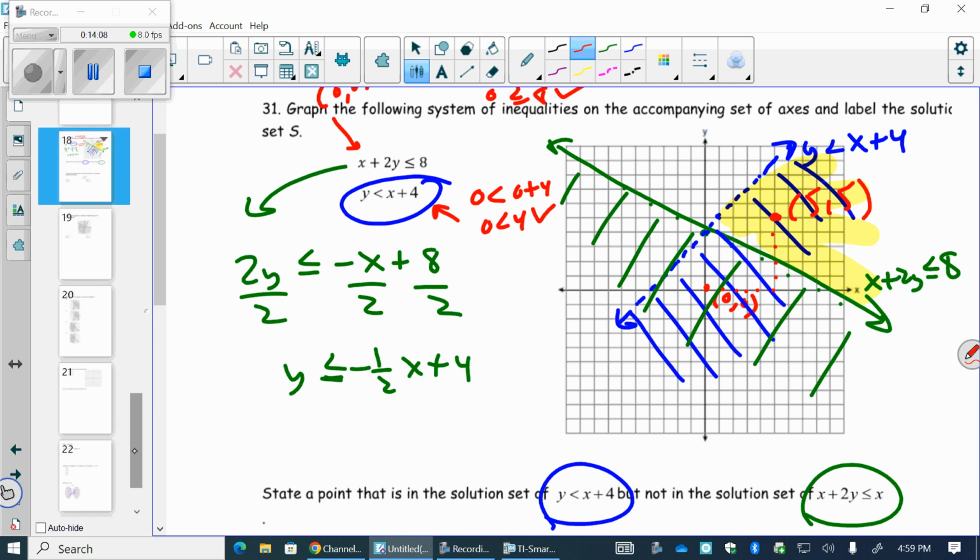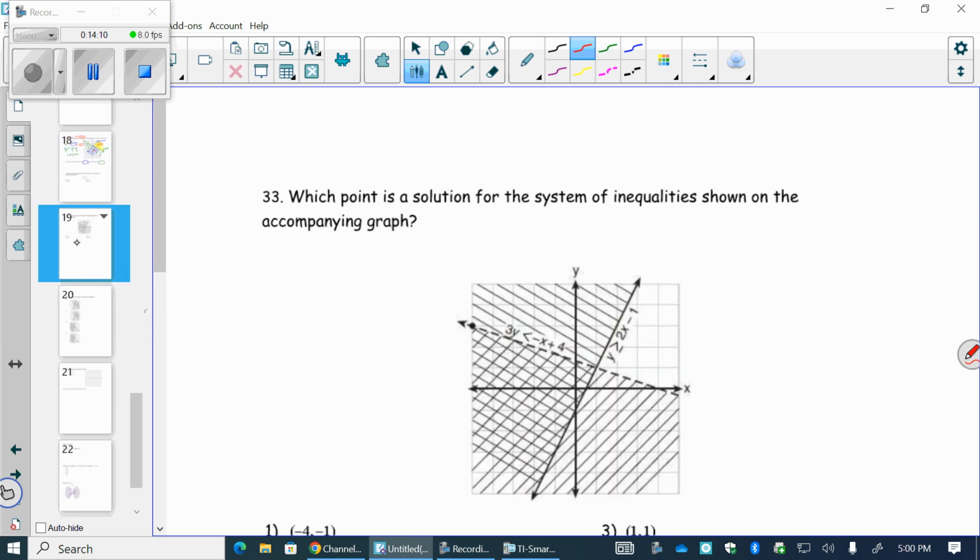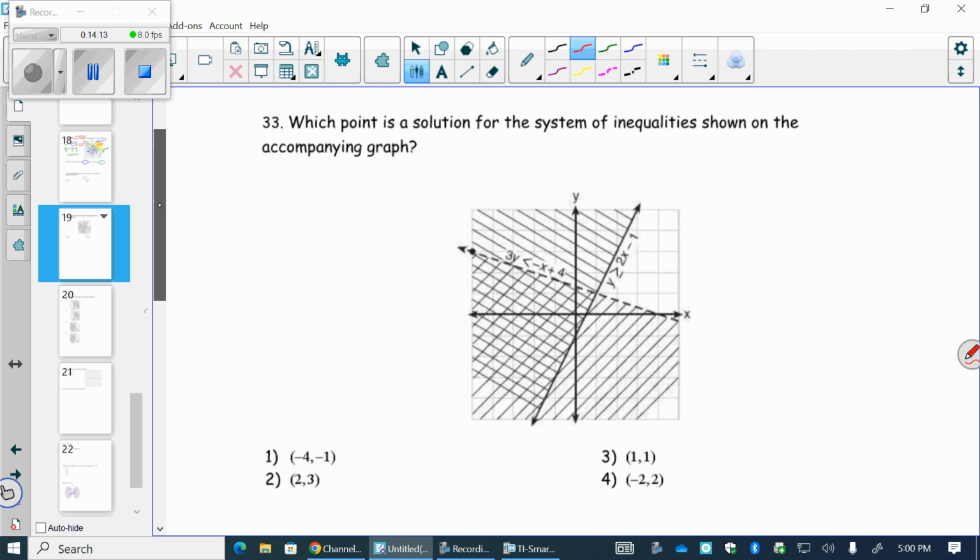Okay, let's keep going. This one here, which point is in the solution for the system? So you need to pick a point that is in the double shaded area. So it's simply a matter of looking in here and which point is in there. This first point seems to do it. Because if I go to negative 4, 1, 2, 3, 4, and then down 1, negative 4, negative 1 is clearly in the solution.